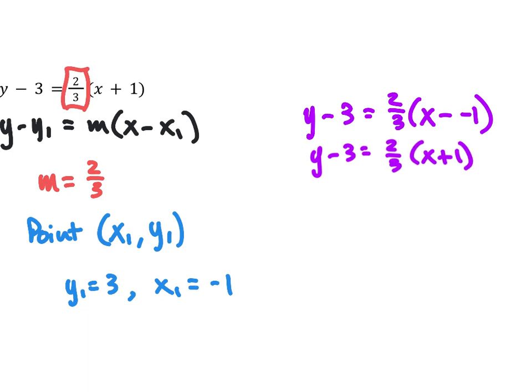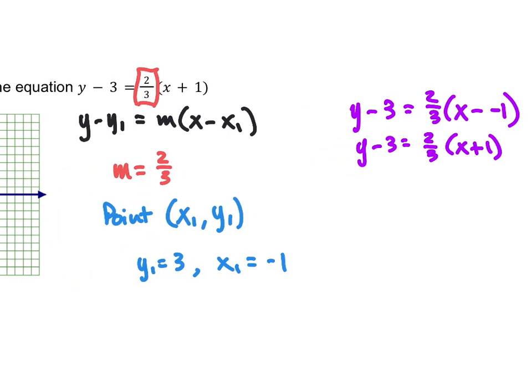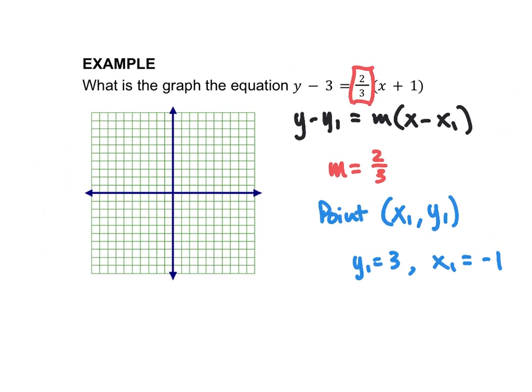And so if you are trying to figure this out and you don't know if you got your points correct, you can always plug them back into your point slope form to see if you get what you started with, okay? And that's a little tricky. So whenever I'm trying to identify the point, it's always the opposite of whatever sign I'm seeing here, okay?